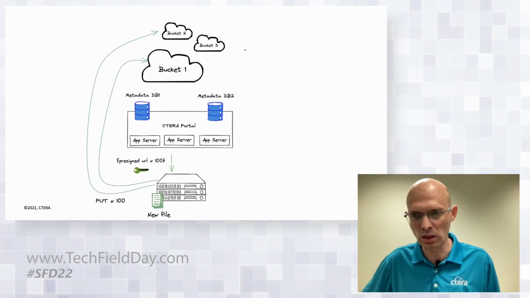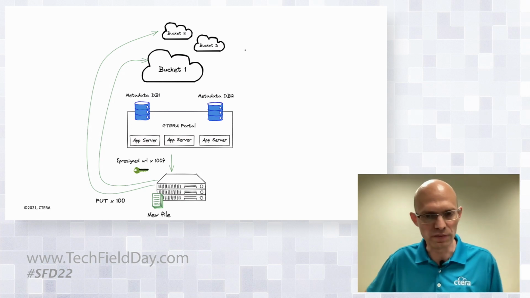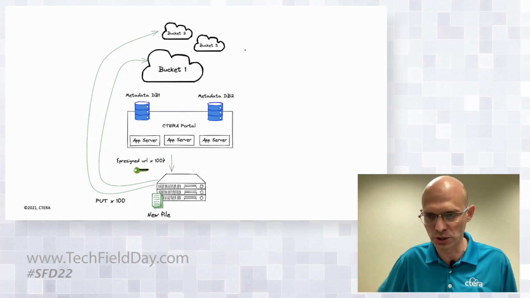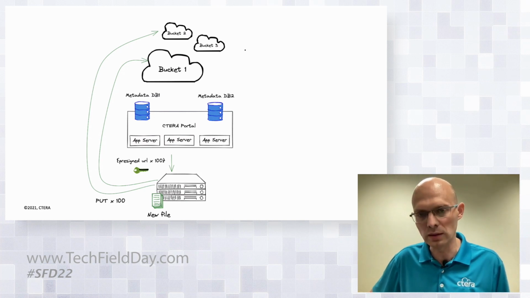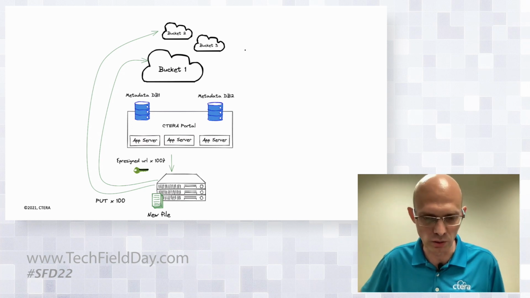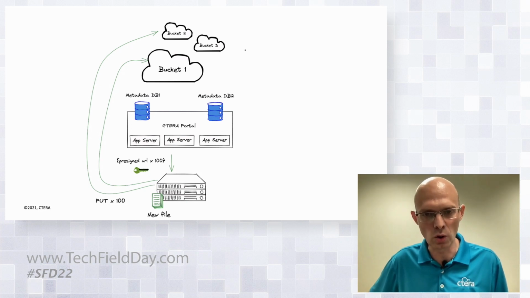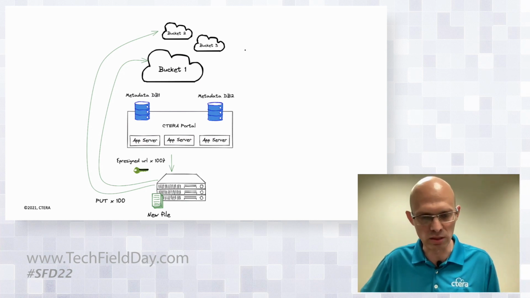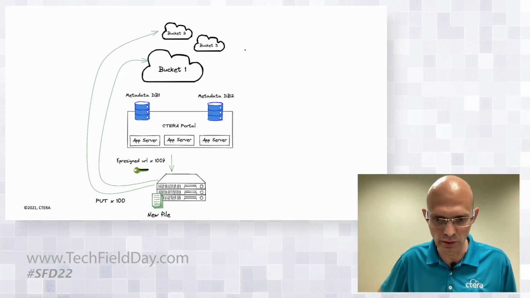Without this signature on the URL, the filers don't have any credentials for the object storage. They have no ability to write anything or to delete anything or to do anything in the object storage. They can do only things that the portal as an orchestration layer allows them to do using these pre-signed URLs.